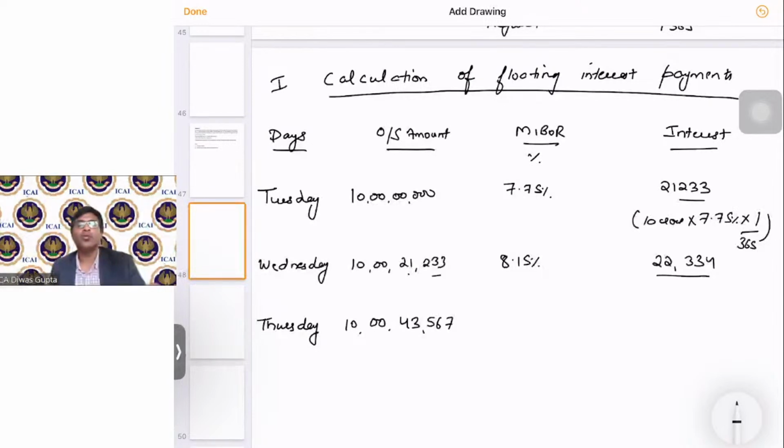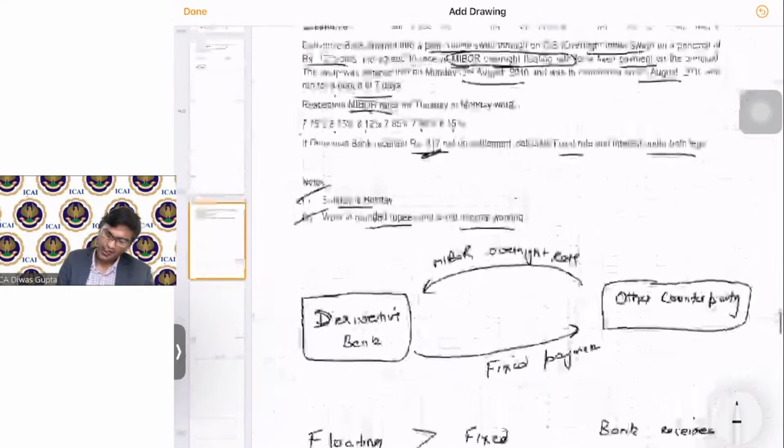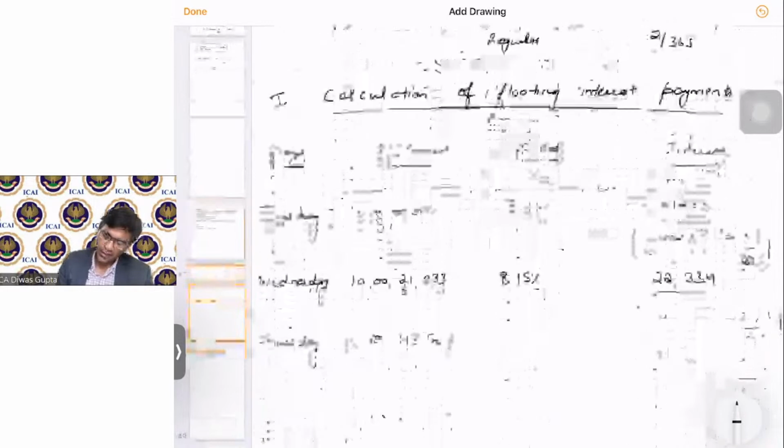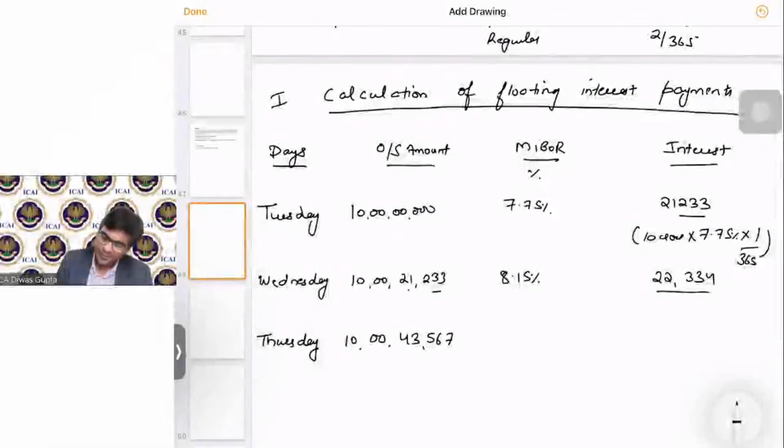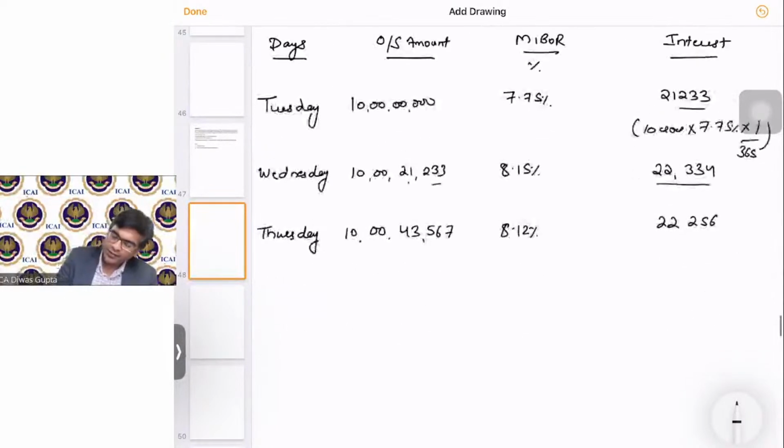Okay, 10 crore 43,567. Now on Thursday, what is the rate? 8.12. 22,256. Now again for Friday, this 22,256 will get added in the Thursday's amount.